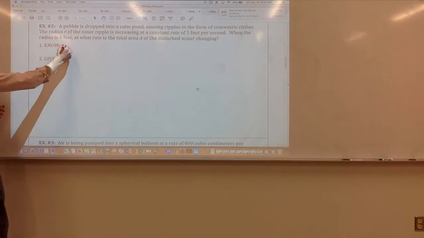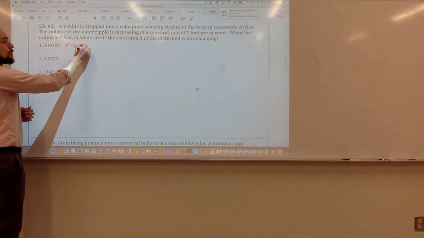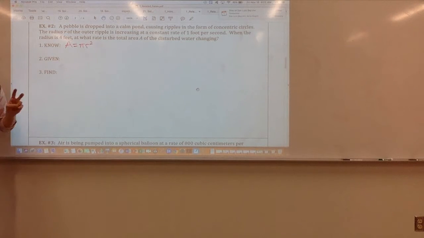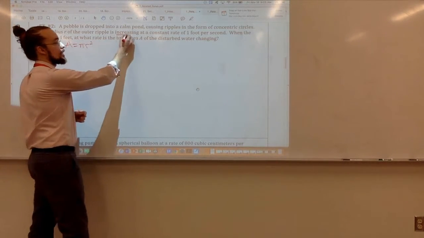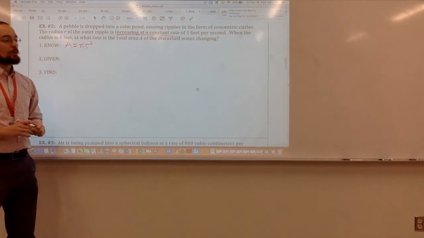So what we're going to write down is our formula that relates everything we're talking about. This is just the area of a circle. Then let's take a look at what we're given in this problem. We are told that the radius of the outer ripple is increasing at a rate of 1 foot per second.